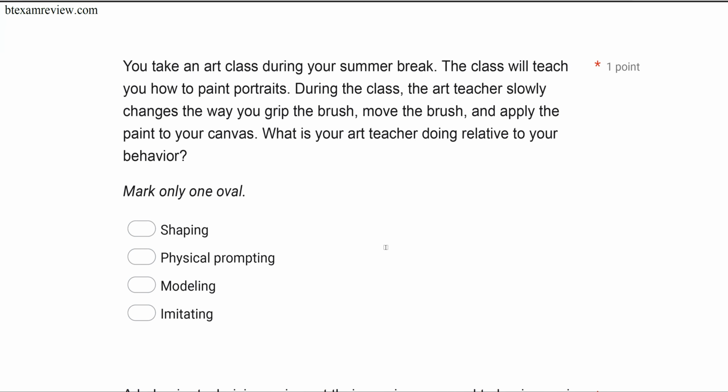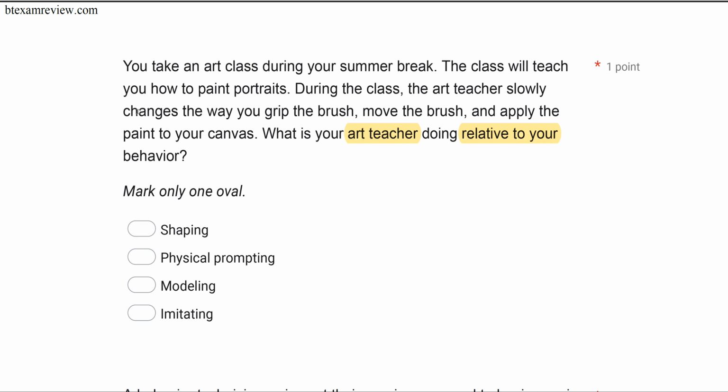You take an art class during your summer break. The class will teach you how to paint portraits. During the class, the art teacher slowly changes the way you grip the brush, move the brush, and apply the paint to your canvas. What is your art teacher doing relative to your behavior? So we're looking at the art teacher and what she's engaging in relative to your behavior. Well, what do we know so far? We know you're taking this art class, and during that class, what is the art teacher doing?